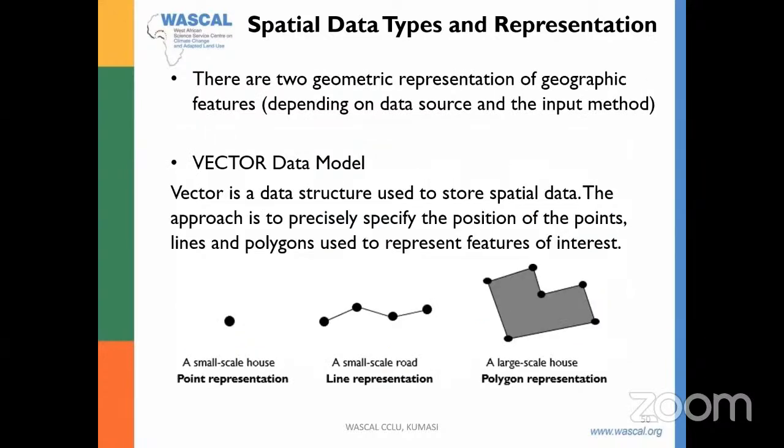In that, it brings us to two major data models: the vector model and the raster model. The vector model is mostly for geographic objects, where objects are represented as points, lines, and polygons.